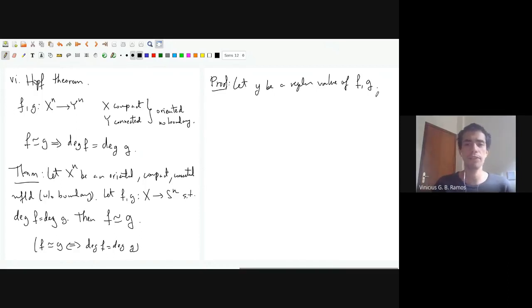So you can just choose something that's neither a critical value for f nor for g. And I'm going to let Q0 be the pre-image of y by f, and Q1 be the pre-image of y by g. So these are finite sets of oriented points.